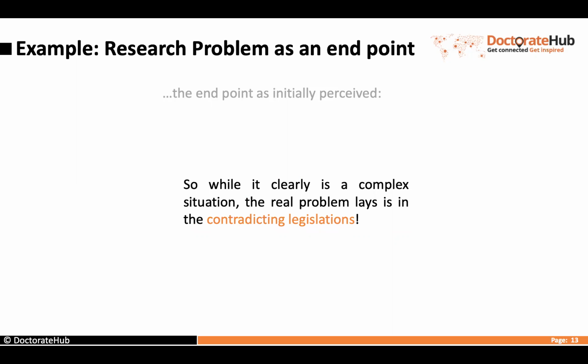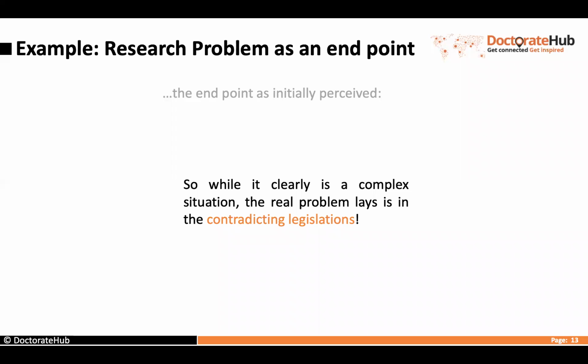So in this example, the problem is only very well understood at the end point of the research journey. So we start the research with the understanding that we are acting in a very complex situation, but we do not know why. Why do I have on a day-to-day basis troubles adopting the right admission policy and behavior?